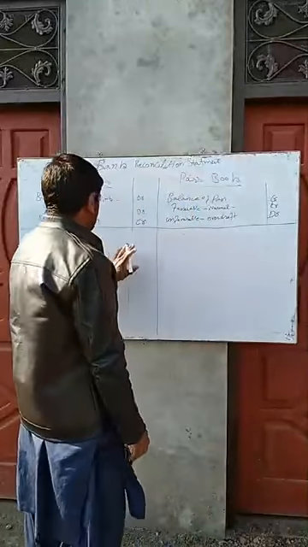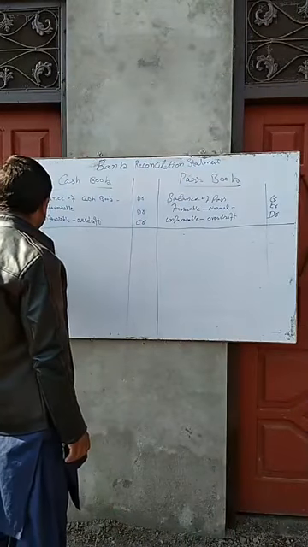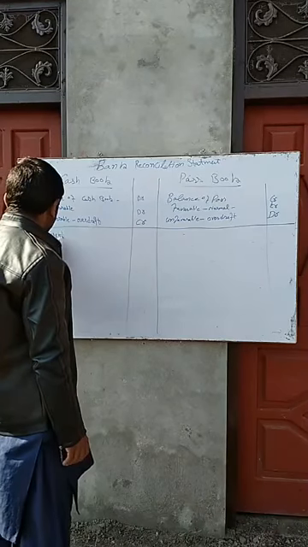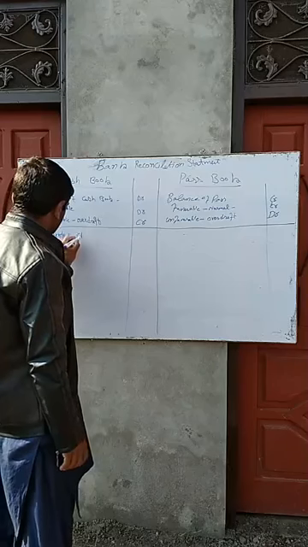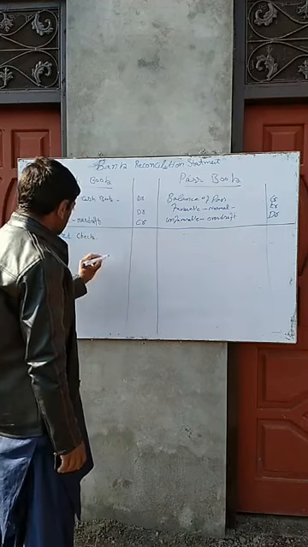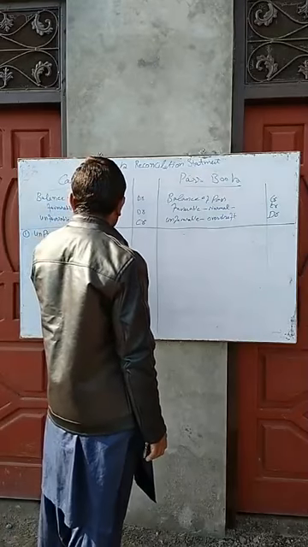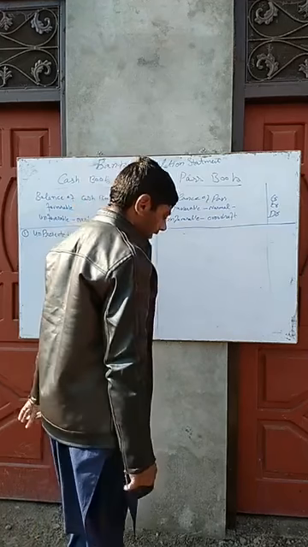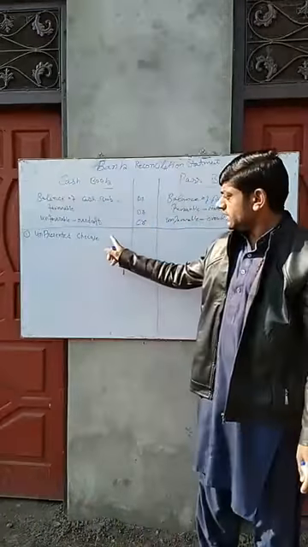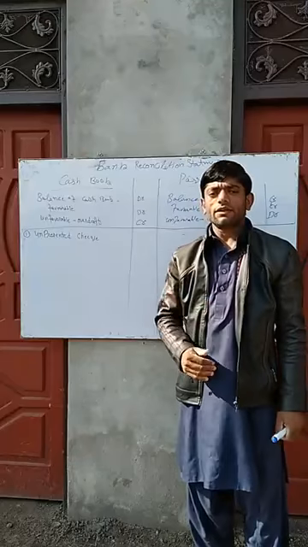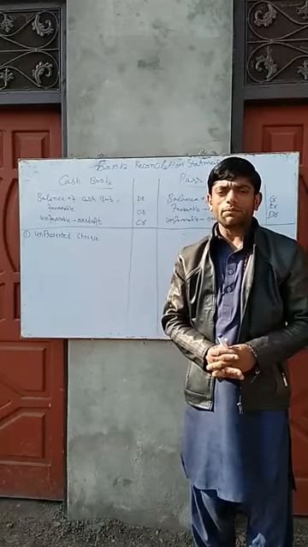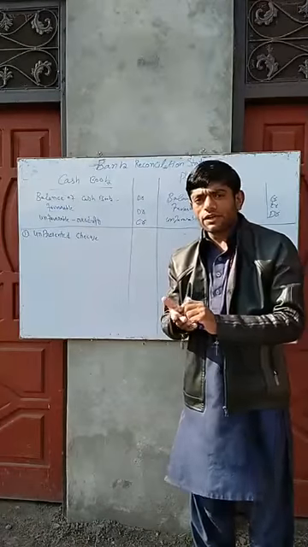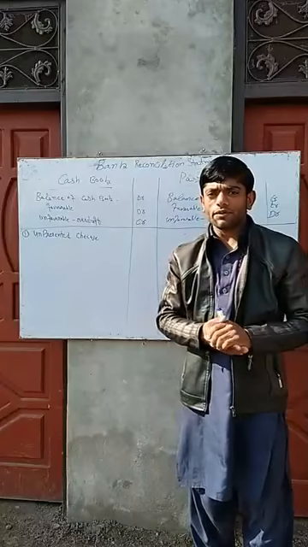The first one is unpresented checks. Unpresented checks are checks that we issue for a payment, and we credit them in the cash book, but the checks are not presented in the bank.